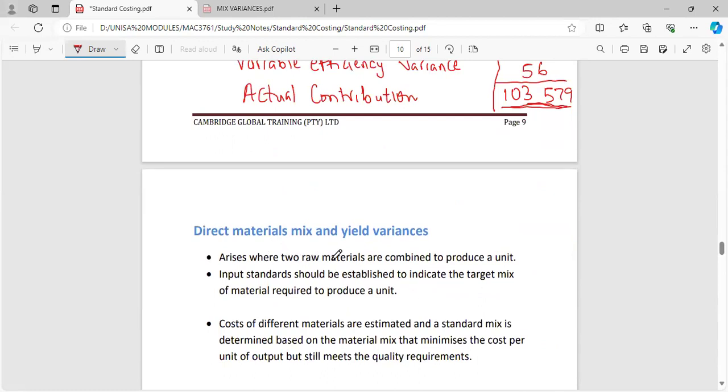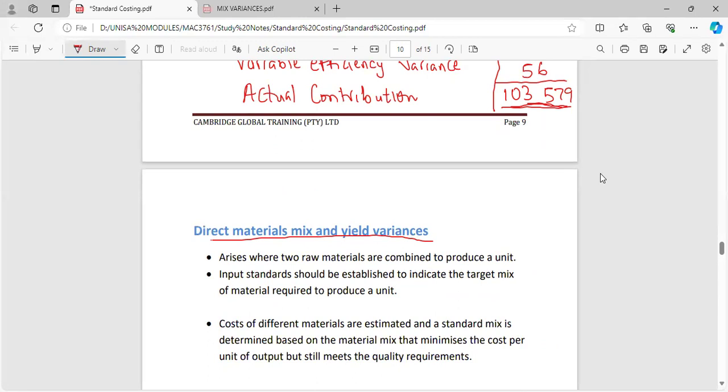So let's look at the other advanced variances that you can come across in your exam. We have direct material mix and yield variances. Right, what is happening here on these mix variances?